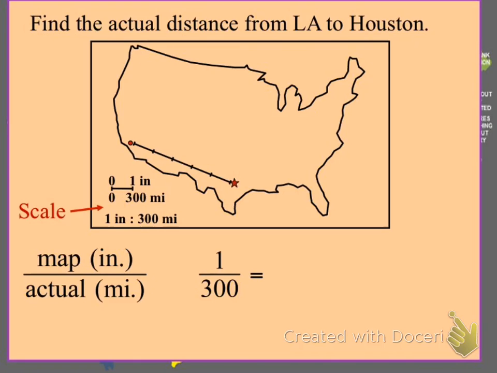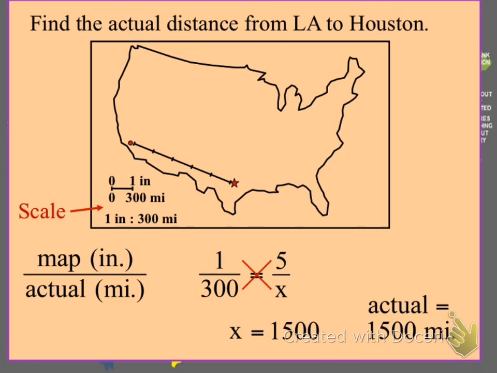How do we know which one we want it in? Okay, so our 5 inches would be on top in the numerator over x in miles. Using the cross products, we know that 1 times x is equal to 300 times 5. When you multiply, you get 1,500 miles as your solution.